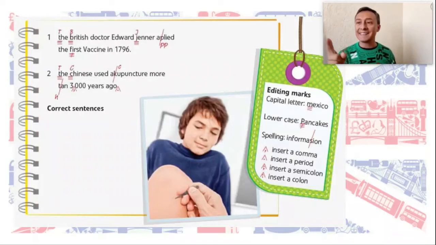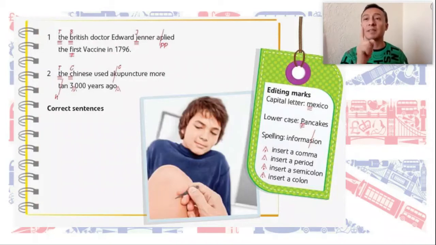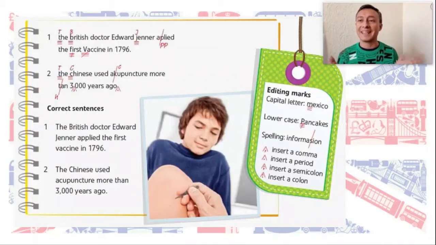Oh, I see. What I need to change is the word vaccine because it is capitalized, but it's a common noun. It must be in lowercase. So I need to mark the V for lowercase. Okay, so here is the correction of both texts. Now I can send my work to my teacher.